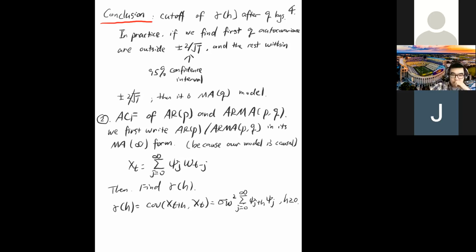If you just find the overlap of the white noise between X_{t+h} and X_t, you'll find the autocovariance is just this form.